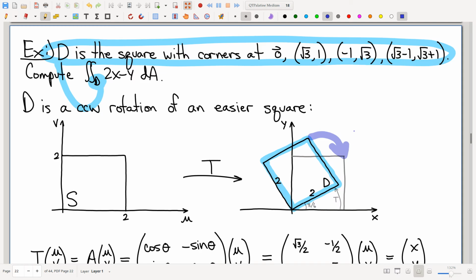Wouldn't that be nice? Okay, well, keep in mind, sure, we can do that, but that's going to be the undoing process. That's going to be the pullback. In the pullback, I would like to have a clockwise rotation of my given square.